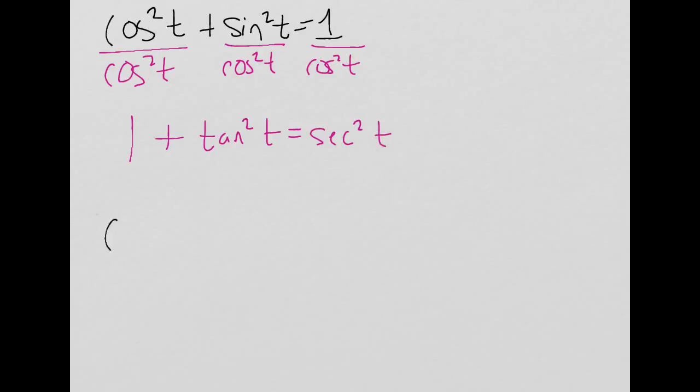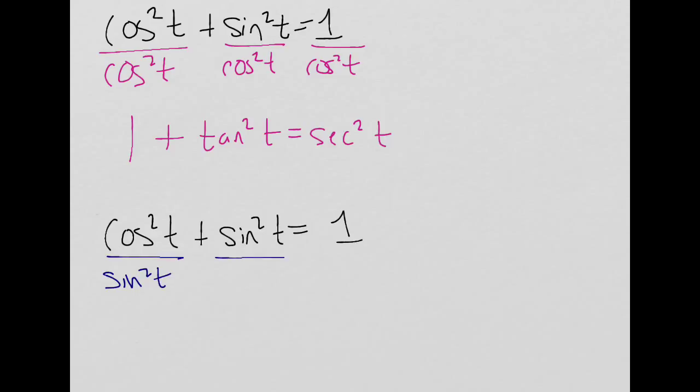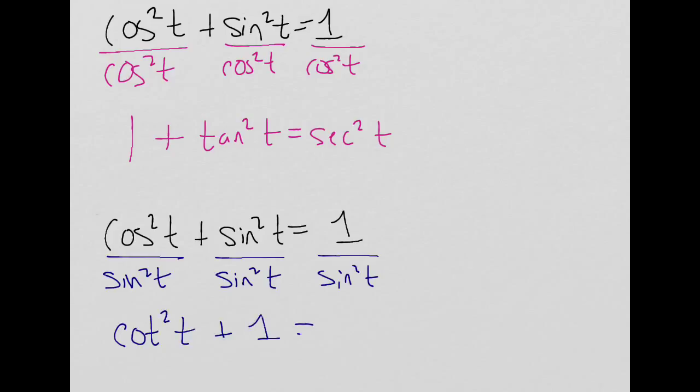Similarly, if I divide all three terms by the sine, again assuming sine is non-zero, I'm left with the cotangent squared plus 1 equals the cosecant squared.